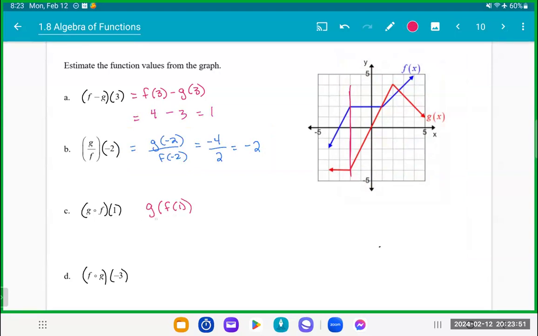So f of 1. So here's 1 and f, that equals 2. Right? So now we're looking at g of 2. We come over here, g of 2, that's this point right here, and that looks to be the value of 4. Okay, questions?